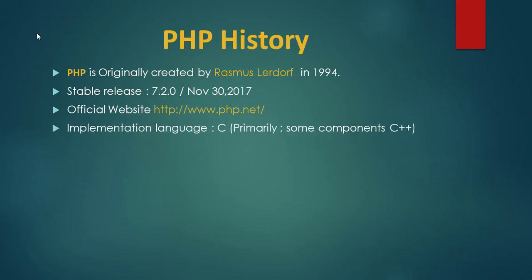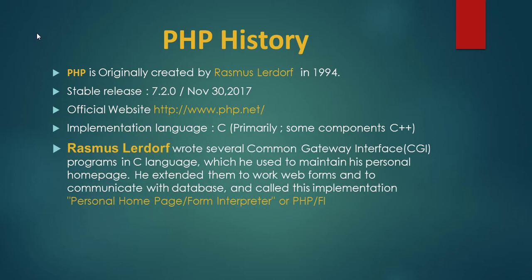The implementation language is C, primarily, with some components in C++. Rasmus Lerdorf wrote several common gateway interface programs in C language, which he used to maintain his personal homepage. He extended them to work with web forms and to communicate with databases, and called this implementation Personal Homepage Form Interpreter, or PHP/FI.